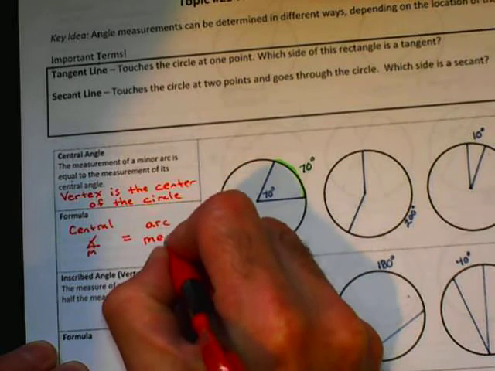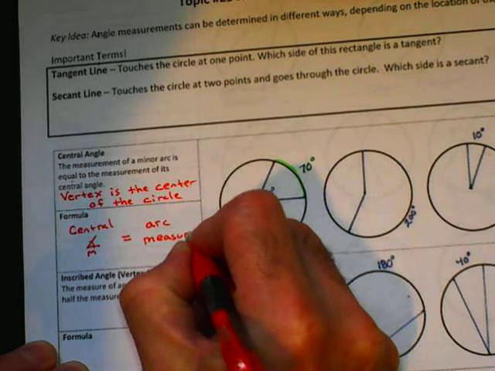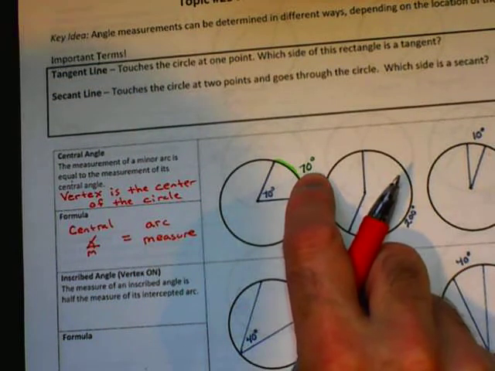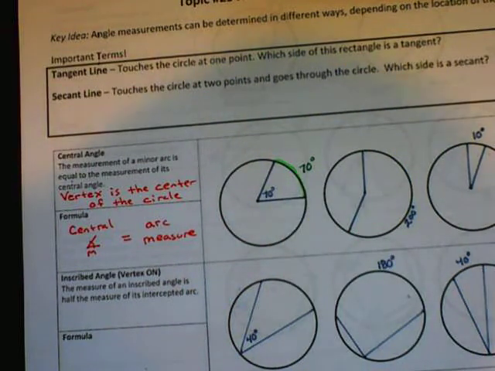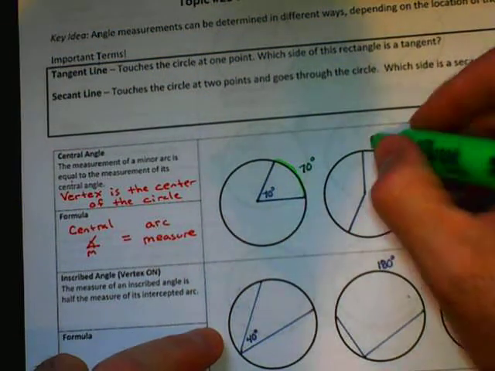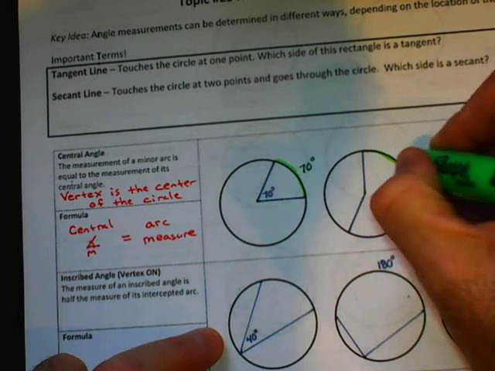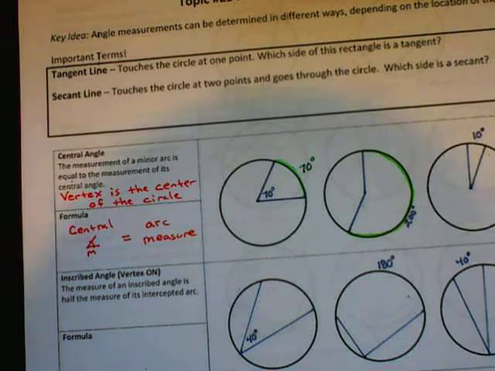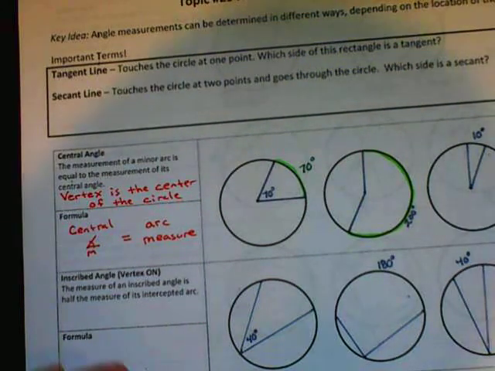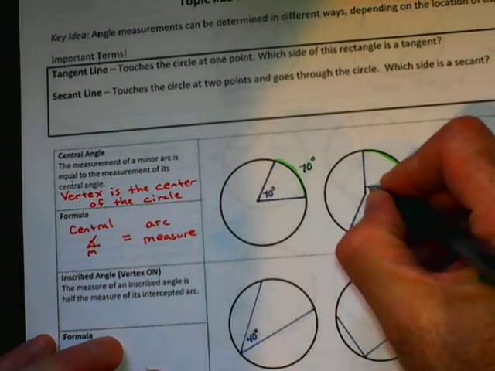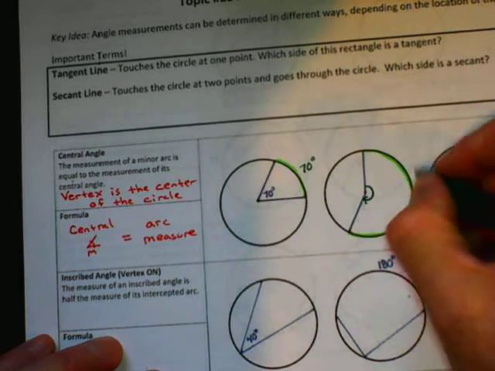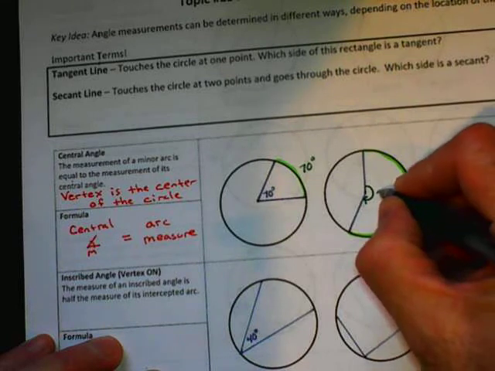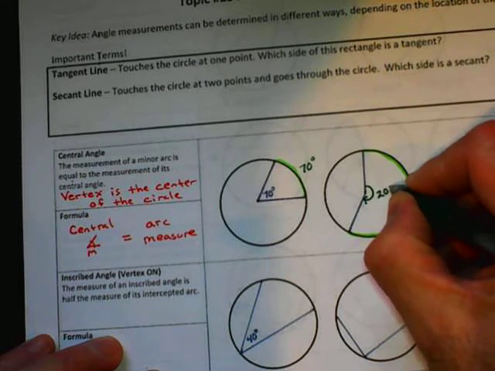That's what I just did in this first example. The central angle was equal to the arc measure. We have the same thing here. We go back the other way, and this angle measure will equal the arc measure. The arc measure was given to be 200 degrees, so this angle measure is going to be 200 degrees.